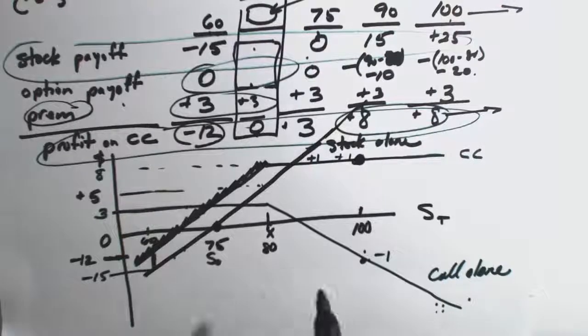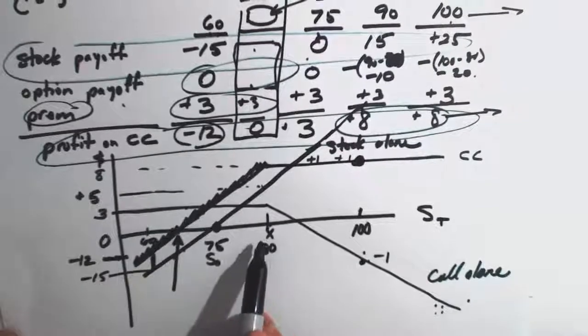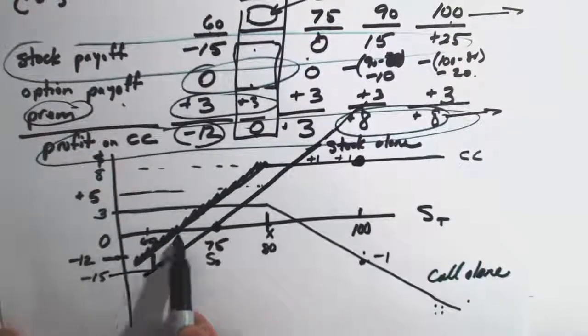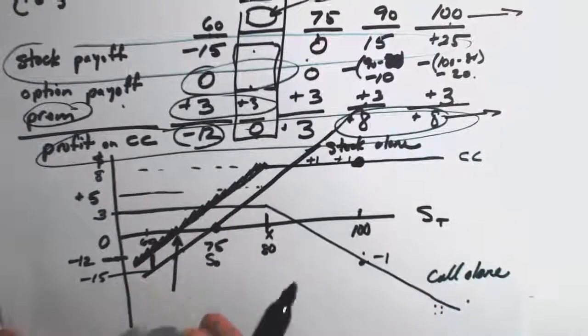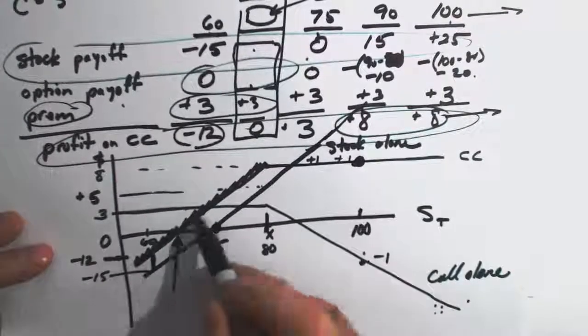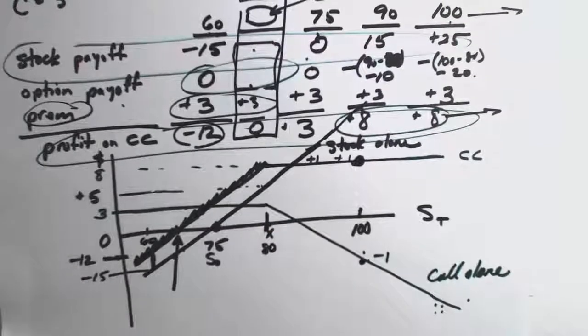Okay, so you can also see where the break even is. Well, the break even here is going to be below X, when the option is in the money to the holder and it's out of the money to the writer. The break even point is going to be here. Now remember, you're always going to have a break even point. It's got to cross the X axis, has to.